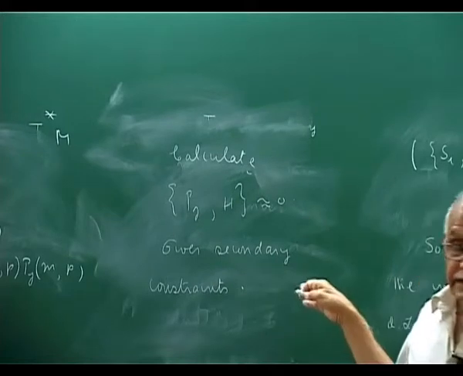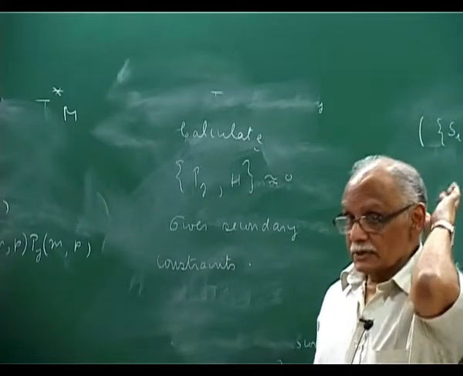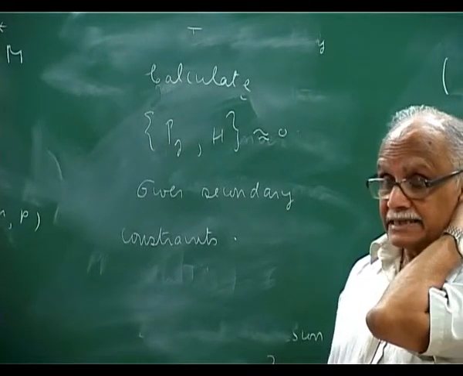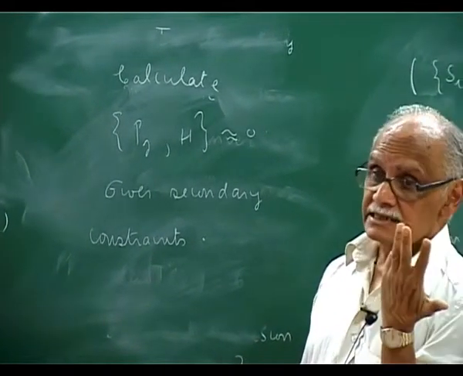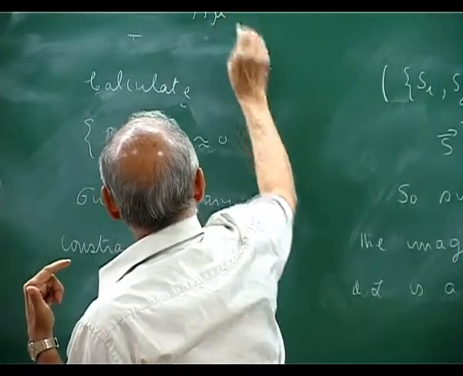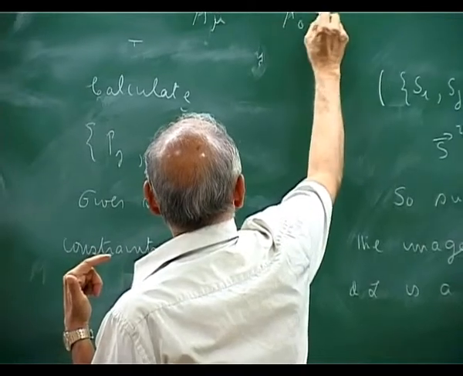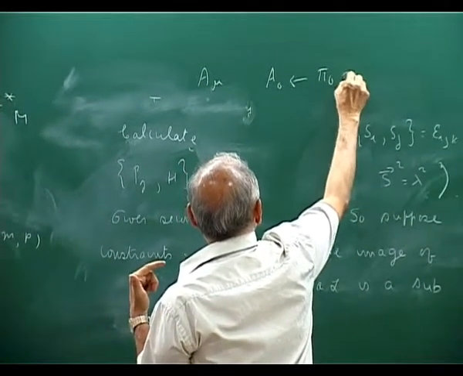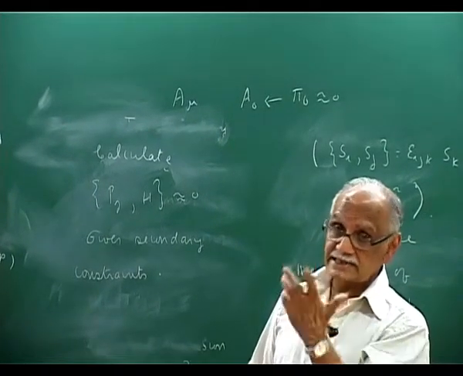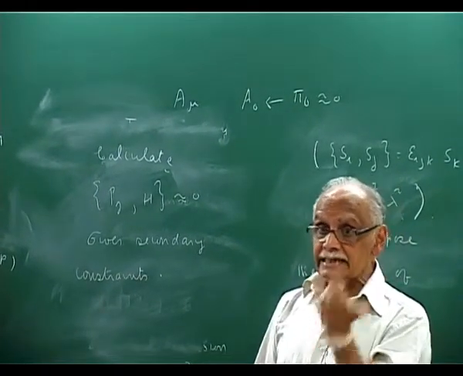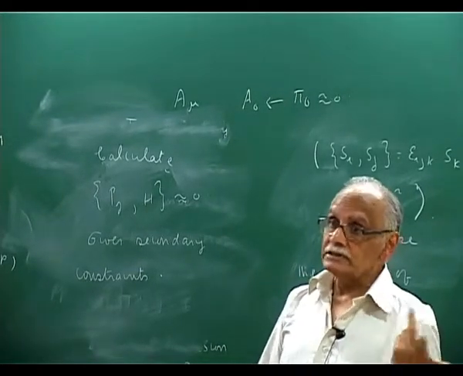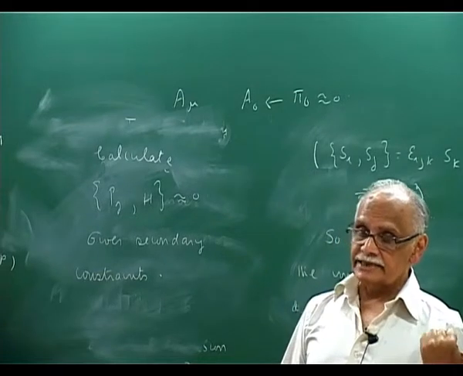For example, if you do it in electrodynamics, which is a good example, you will find that the primary constraint is that the momentum conjugate to A0, the electromagnetic potential, is weakly 0. Then if you look at the secondary constraint coming from P0, you will get the Gauss law. And you will find no tertiary constraints, it will stop there.